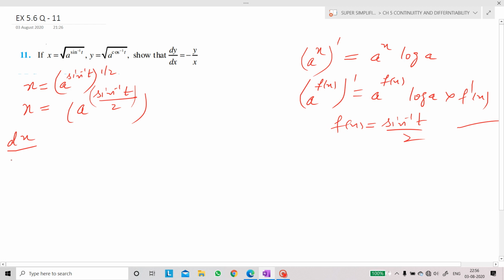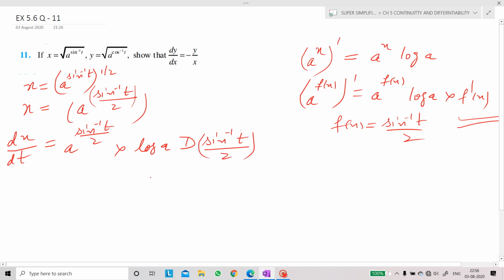You can even take the log. Even if you take the log, you will get the same answer. So this is the direct formula that I am telling you. dx by dt will be a raised to the power sine inverse t by 2 into log a into derivative of sine inverse t by 2, which is equal to a raised to the power sine inverse t by 2 into log a.